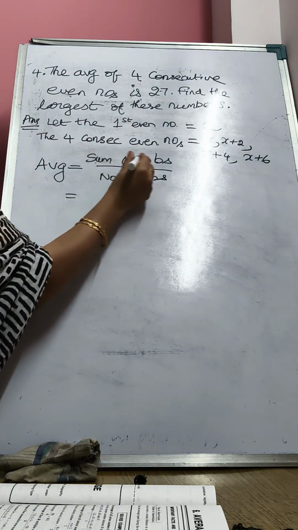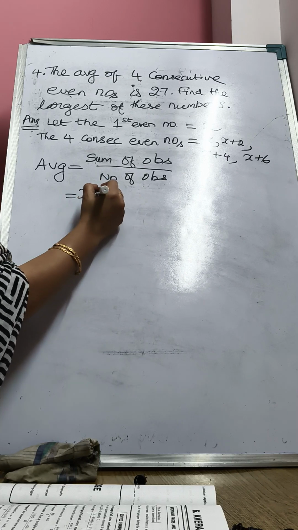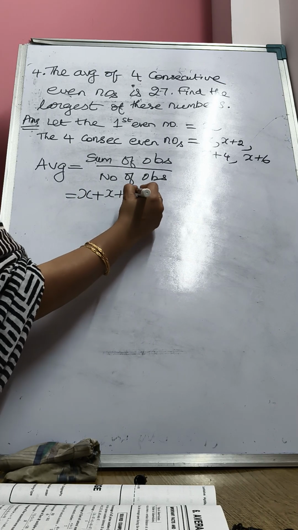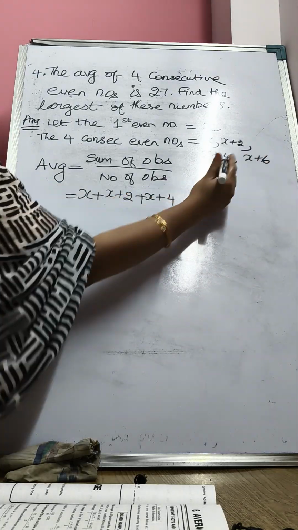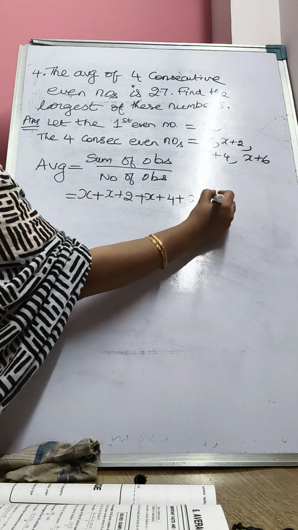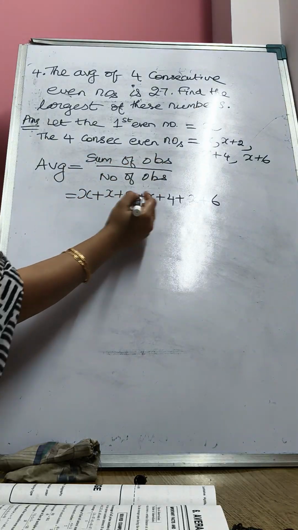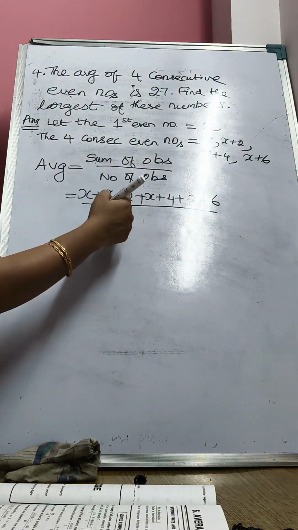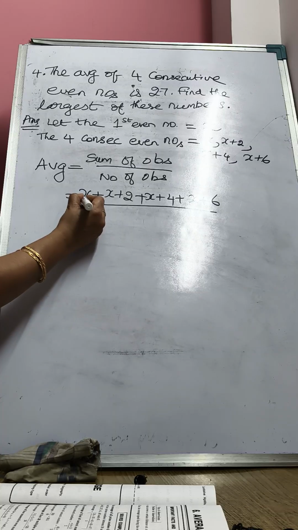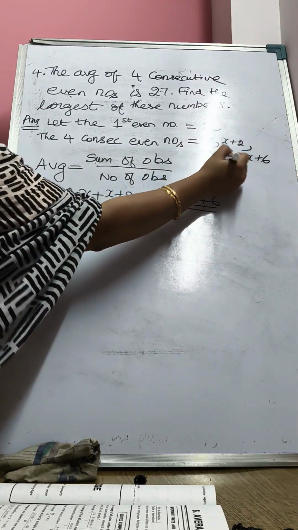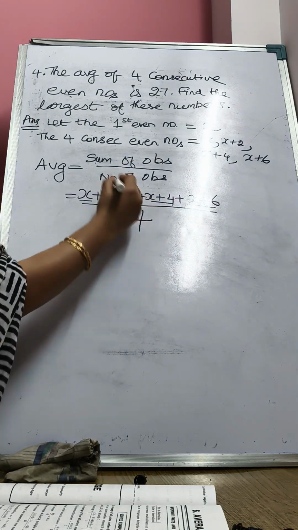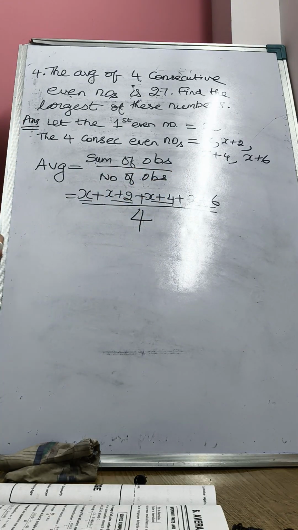So shall we write the sum of observations? x plus x plus 2 plus, what is the third number? x plus 4. What is the fourth number? x plus 6. Divided by how many numbers we have added? 1, 2, 3, 4. 4 consecutive numbers. So the number of observations is 4.